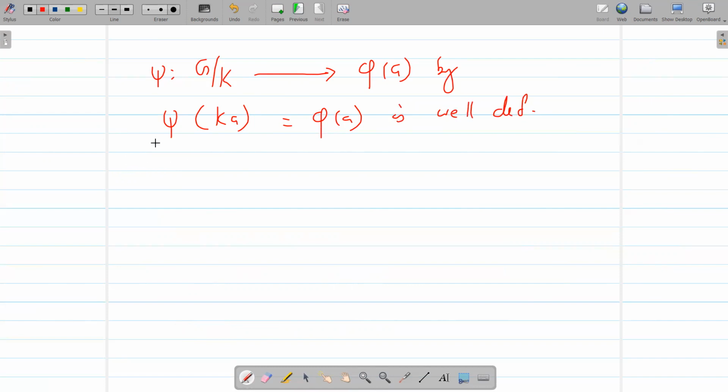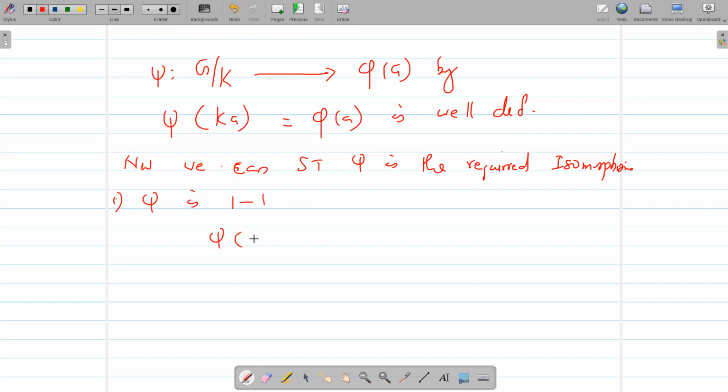Now we can show that this psi is the required isomorphism. For that we need to show that psi is one-one.